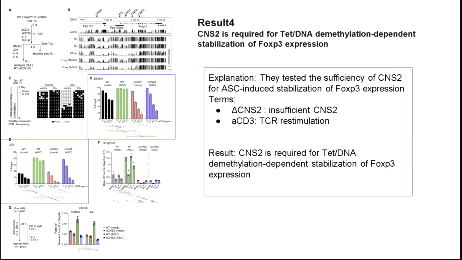To test the sufficiency of CNS2 for ASC-induced stabilization of Foxp3 expression, they examined Foxp3 expression in CNS2 sufficient or CNS2 deficient iTreg cells. In MOC-treated iTreg cells, TCR restimulation alone in figure D, or in combination with JQ1 in figure E, diminished Foxp3 expression in both CNS2 sufficient and deficient cells.